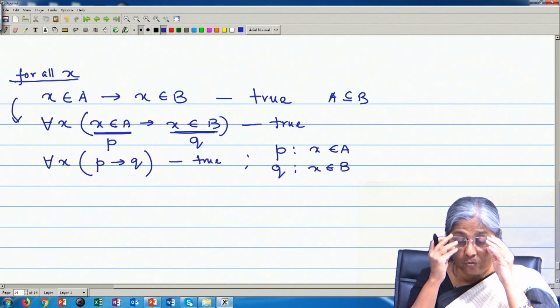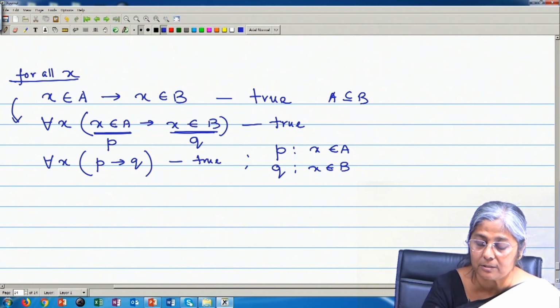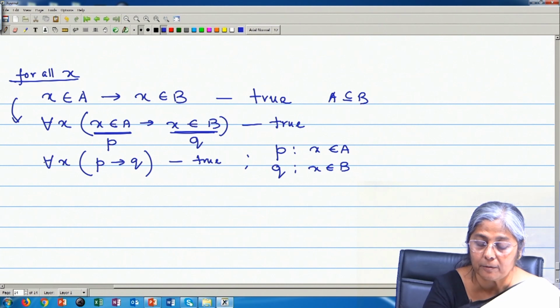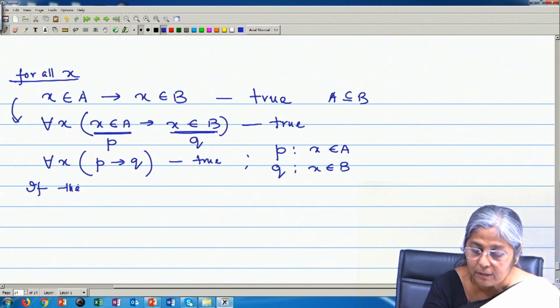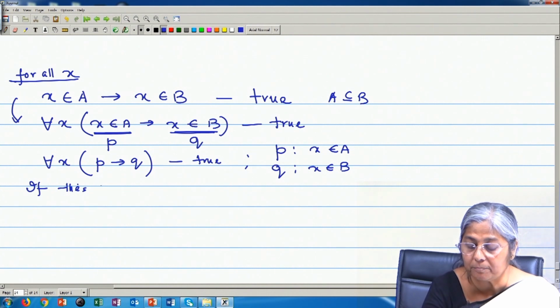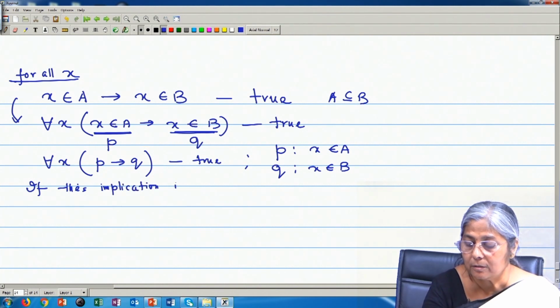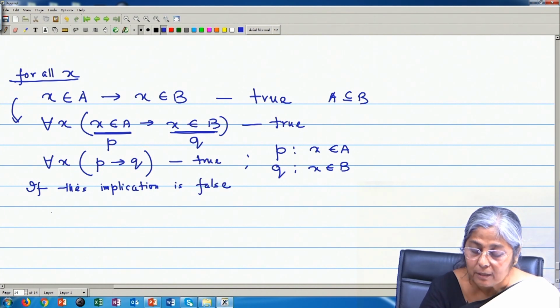Now, if this conditional statement is false, that means the negation of this is true.